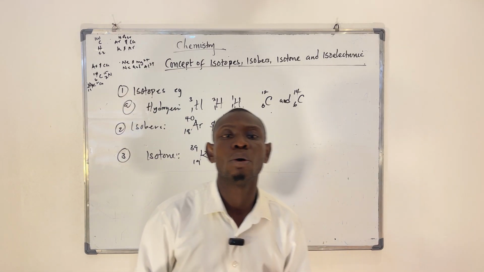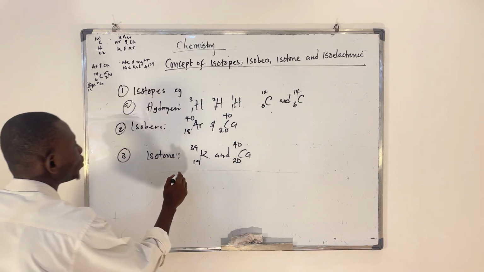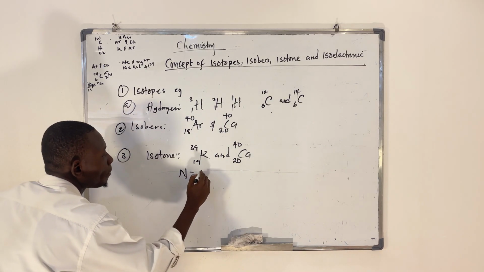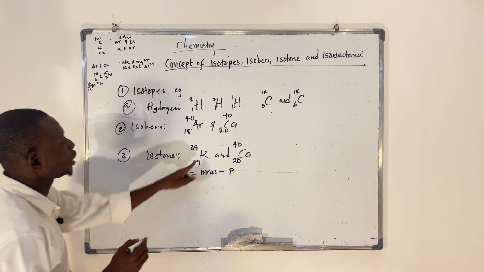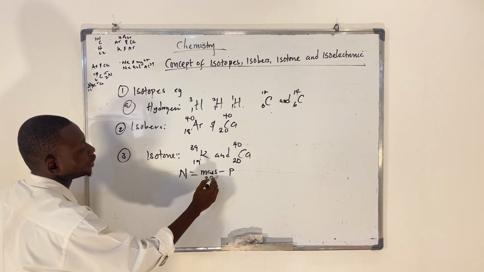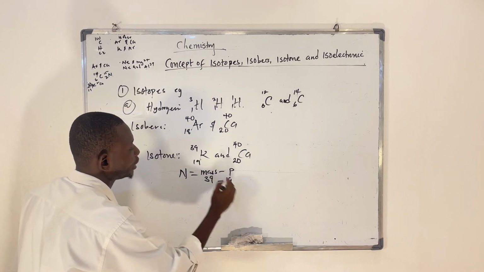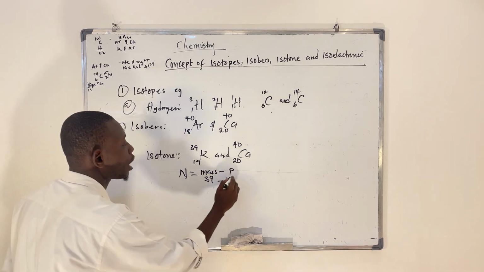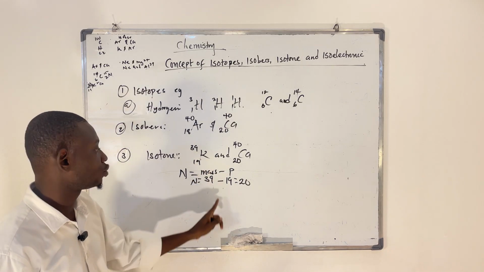Neutron is equal to mass number minus number of protons. The mass number of potassium is 39 minus protons, which is 19. And 39 minus 19, you have 20. The neutron number of this element is 20.